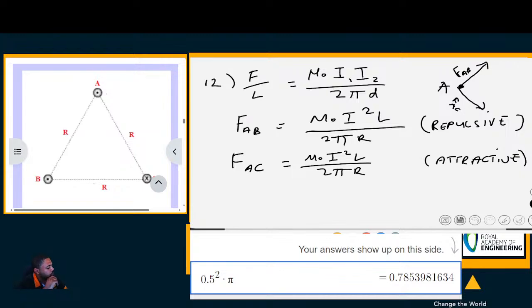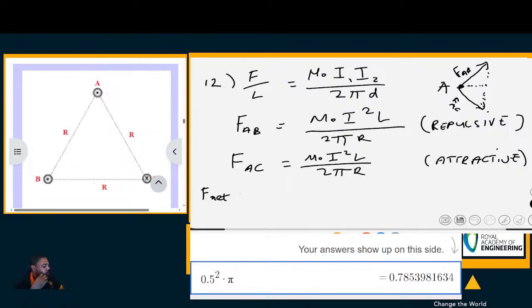Both of them have horizontal and vertical components, but the vertical components will cancel out because they will be exactly the same and in opposite directions. So the only force then would be the net force. The net force will be both of their horizontal components.